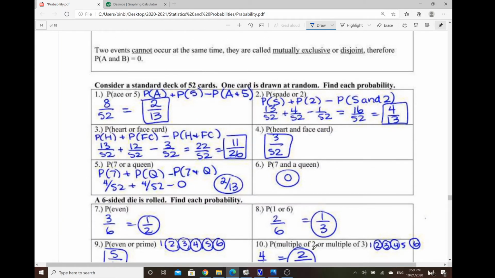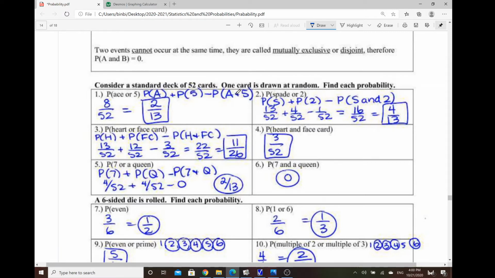A standard deck of 52 cards, one card is drawn at random. Find each probability. The probability of getting an ace or 5. Again, the keyword "or" means addition. Let's see, from the ace card, we got 4 of those.